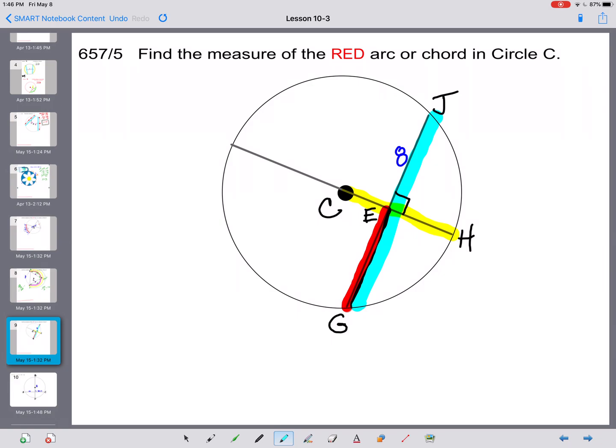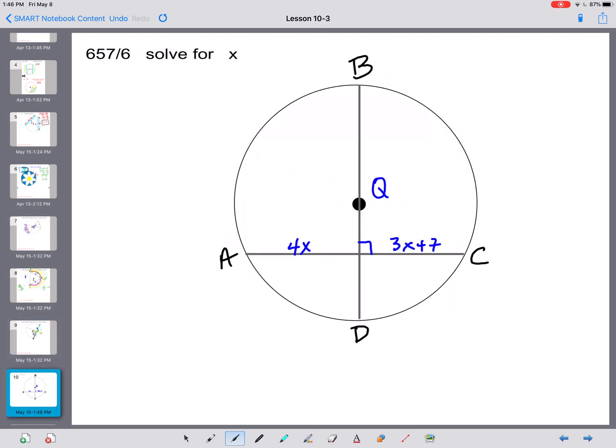If the radius or any line coming from the center, radius, diameter, even part of the radius, is perpendicular to that blue chord, then it cuts it in half. 8 here, done with the problem. Answer is 8.